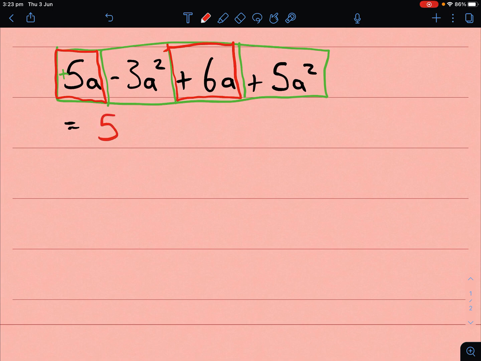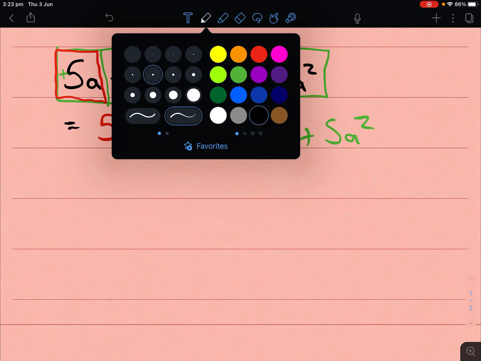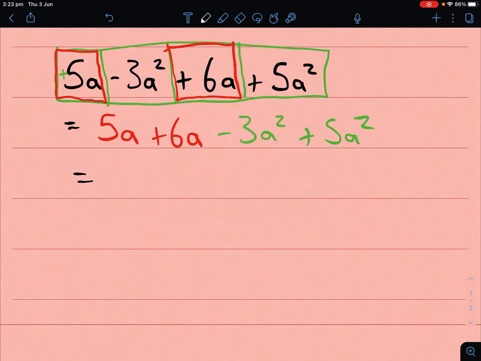So just as sort of like an in-between step, we could write this as 5A plus 6A. So just bringing together those two blocks which are the same. And then we could write the rest of it just as it is, so minus 3A squared plus 5A squared. And now we can do the cleanup in the last row.